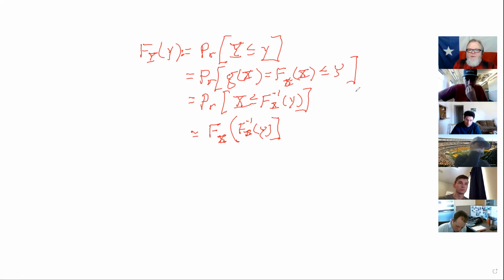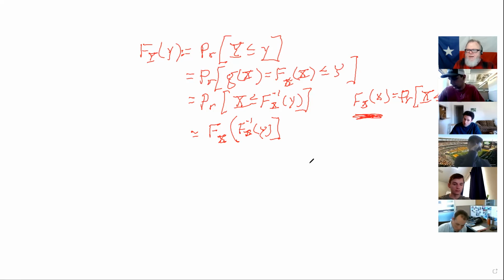In other words, and here's where it gets a little bit confusing with notation. This is the definition of the distribution function for x. Is that correct? So instead of x here, let me try to do something different.